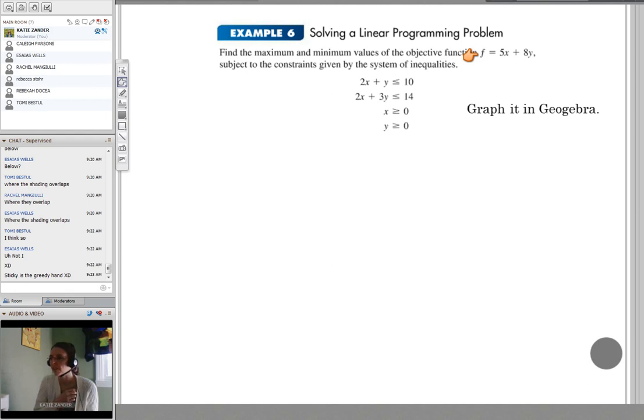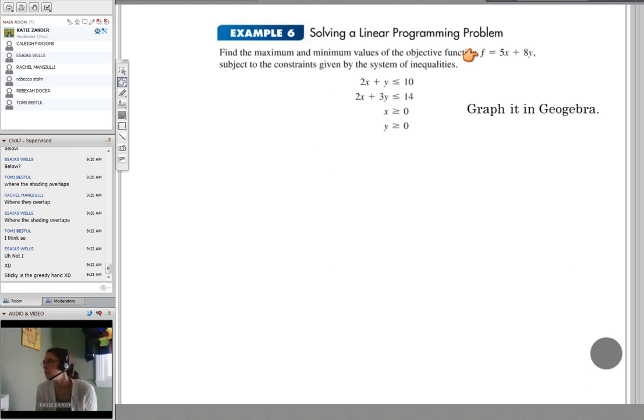Usually the objective function is talking about maximizing something, usually cost or profit. It should be fairly obvious to pick out the objective function after reading through our story problems, because it's usually what they're trying to find a profit for.